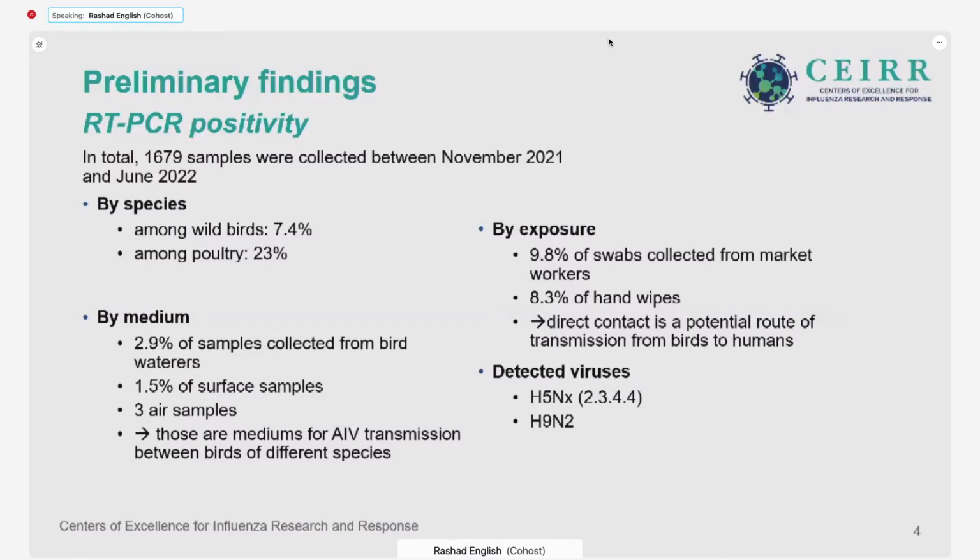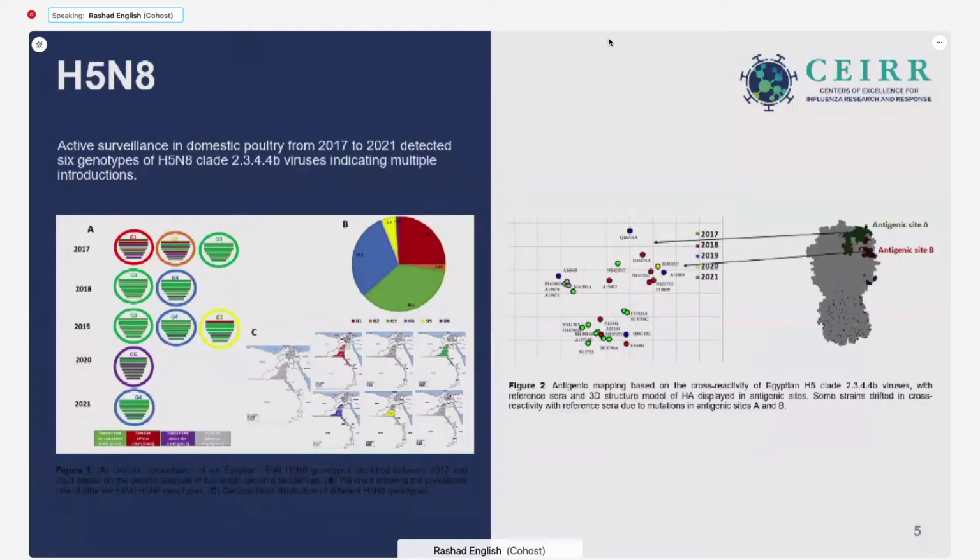So I'm going to shift gears now and discuss some of the findings that we've been seeing before this project. I mentioned that we have seen a lot of H5N8 introductions into the country, and we've been monitoring that since 2017. We are sure that we have been seeing multiple introductions because every year we see different genotypes of the viruses coming in, and we don't think that any reassortment is actually happening locally.